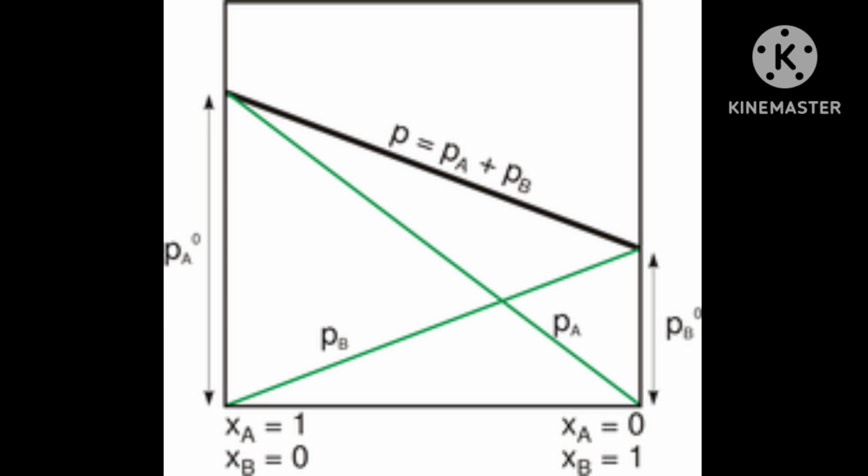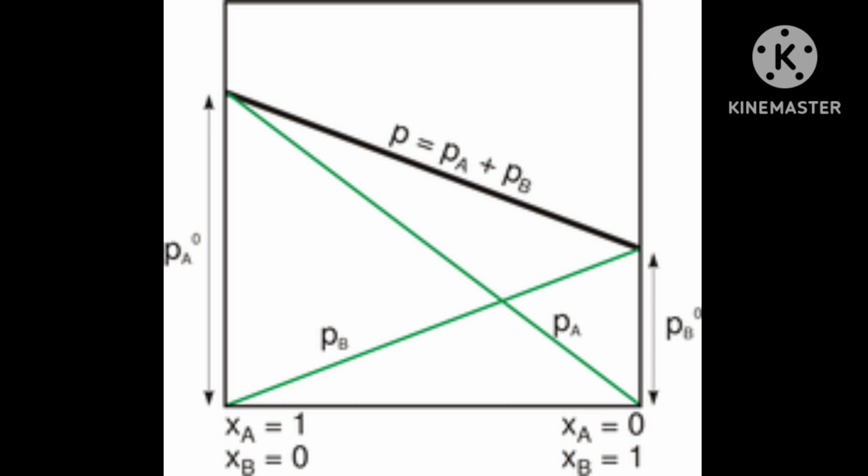And in the same way P2, the vapor pressure of the second component, is equal to Y2 into total pressure, P total. Same concept.